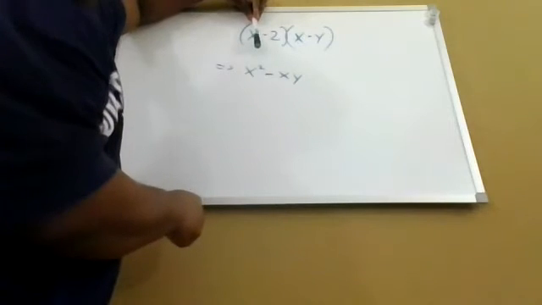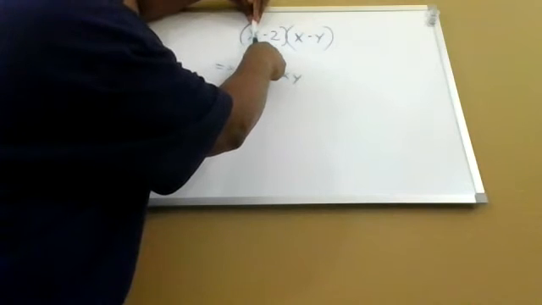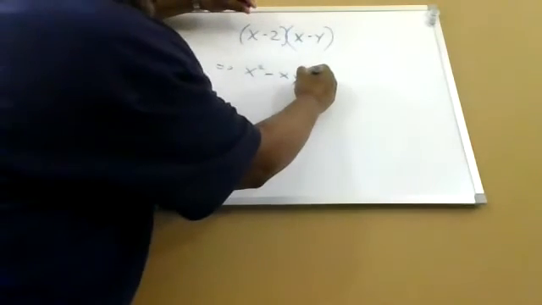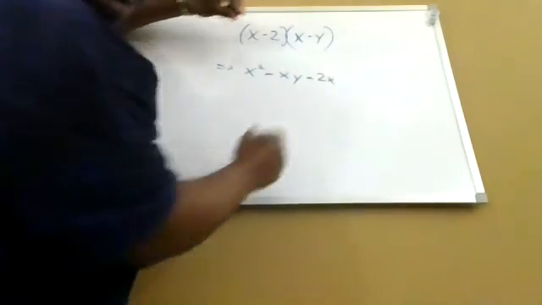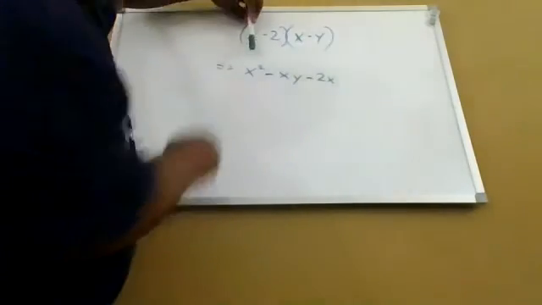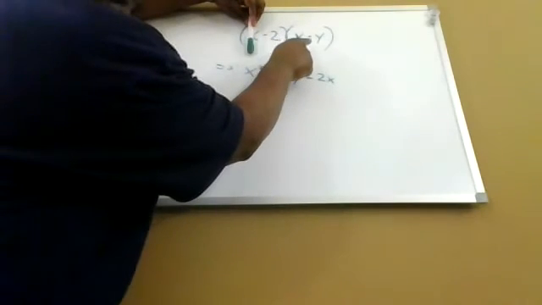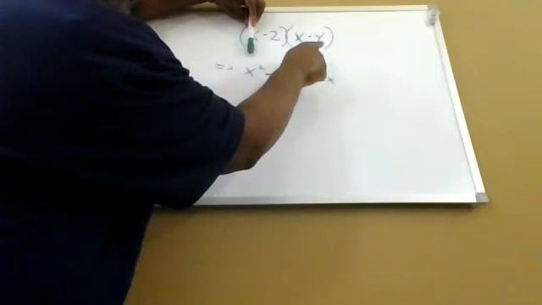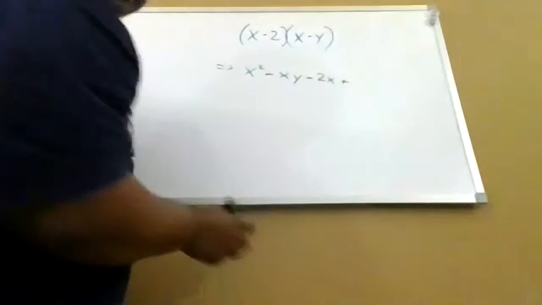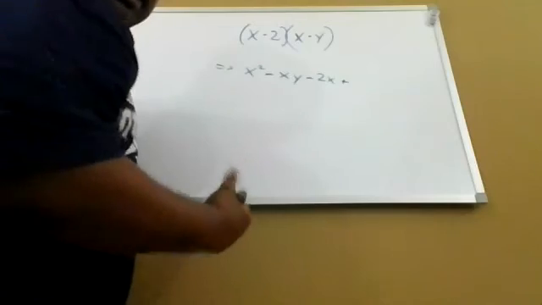Now, we think about covering up this x and multiplying the negative 2 times x, which will give me negative 2x. And now if we cover up that x, let's say negative 2 times the negative y. Well, the negative times negative is going to be positive, and then 2 times y is just 2y.